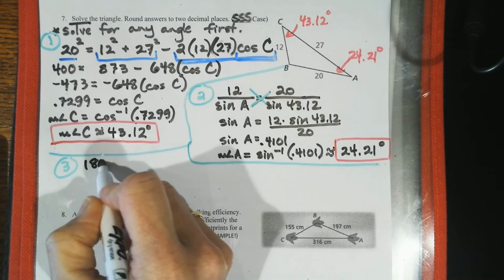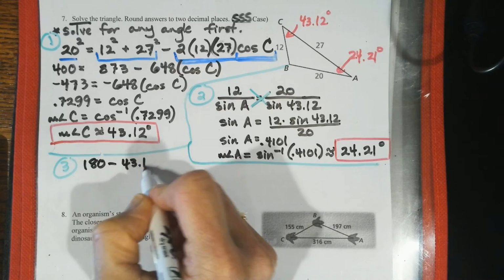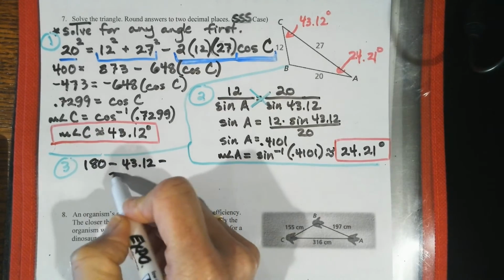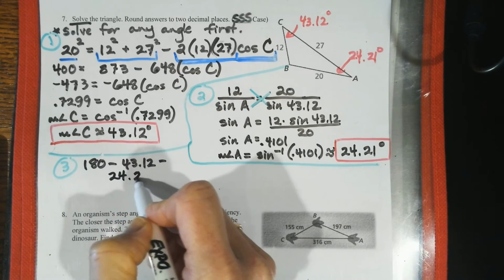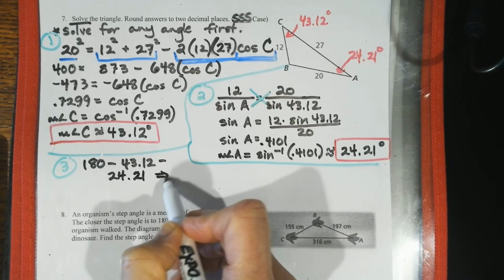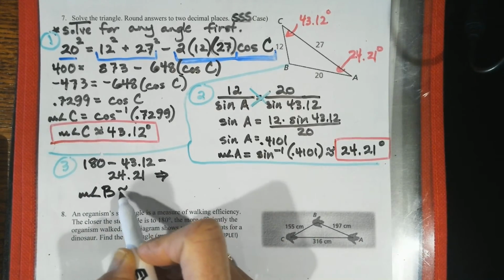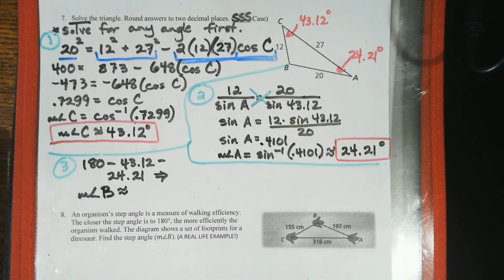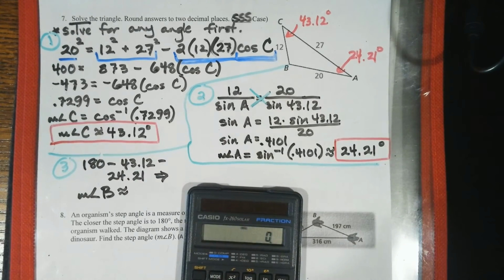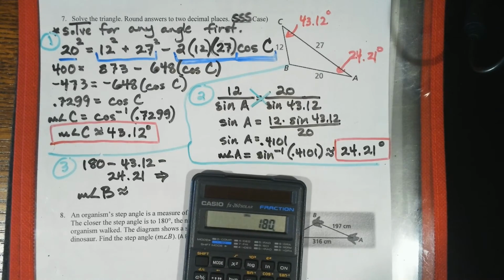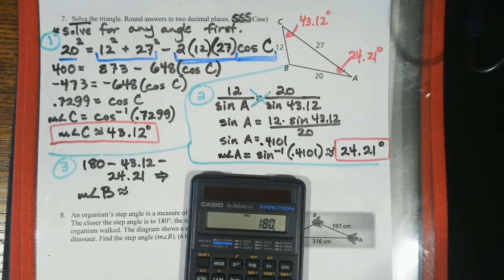So 180 minus 43.12 minus 24.21 is going to give me the measure of angle B at approximately 180 minus 43.12 minus 24.21.